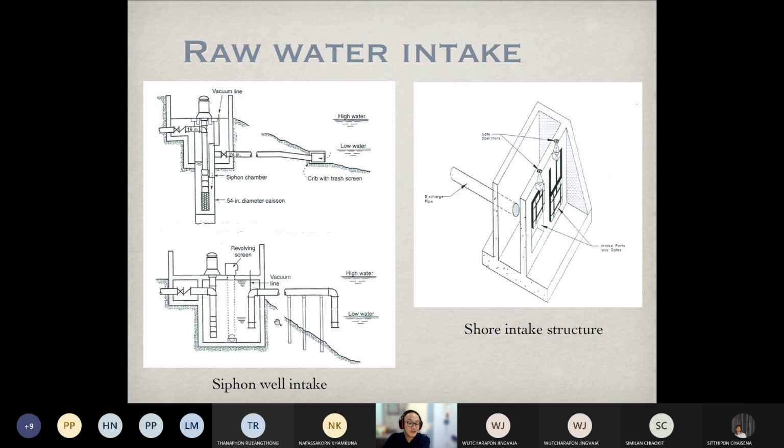And once the negative pressure is induced, the water can actually get into the pipes, and then finally keep the water in the chamber like this. This is called a siphon intake. This one is a short intake structure, but sometimes buildings use these types of structures.